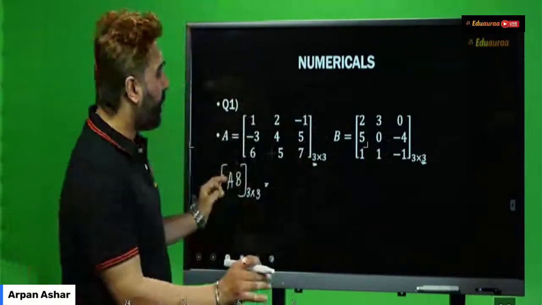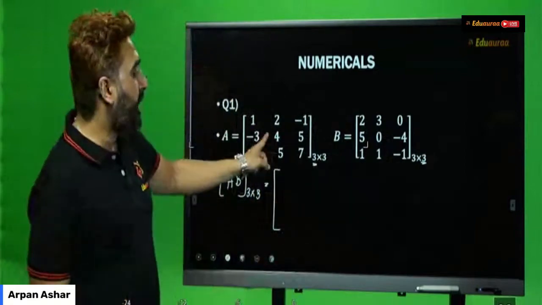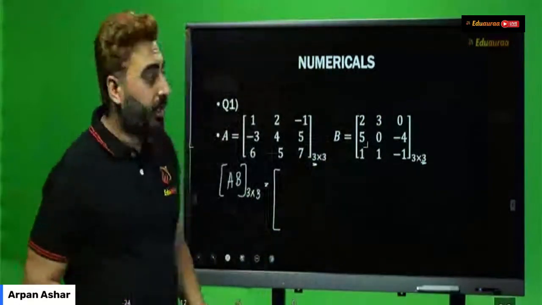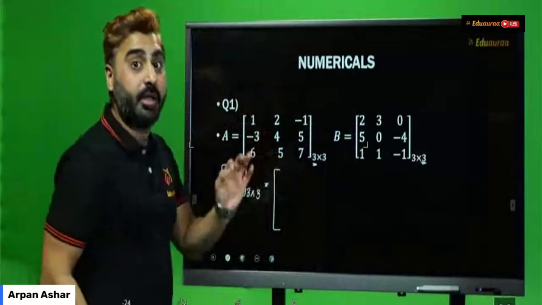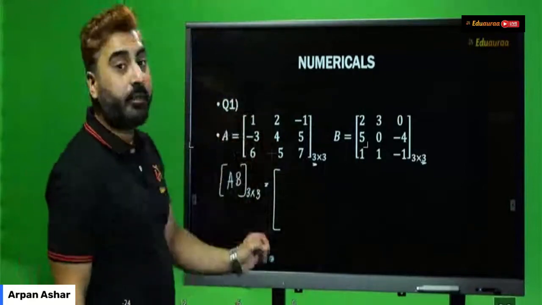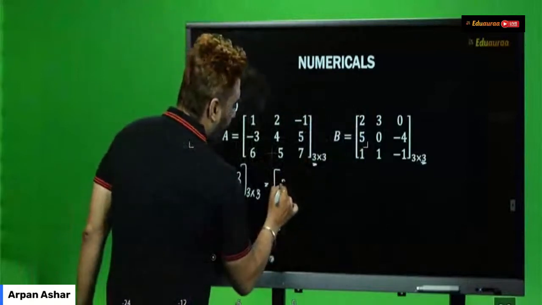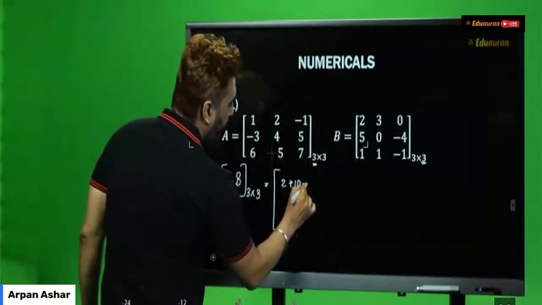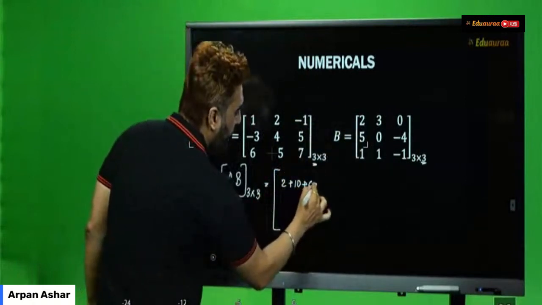So मल्टीप्लाई करना है, कैसे करेंगे? As I said, पहले वाले मैट्रिक्स के रोज, दूसरे वाले मैट्रिक्स के कॉलम मल्टीप्लाई करने हैं. So multiply this first row with first column, that will give you what? That will give you a11. So 1 into 2, 2, plus 2 into 5, 10, plus minus 1 into 1 is minus 1.